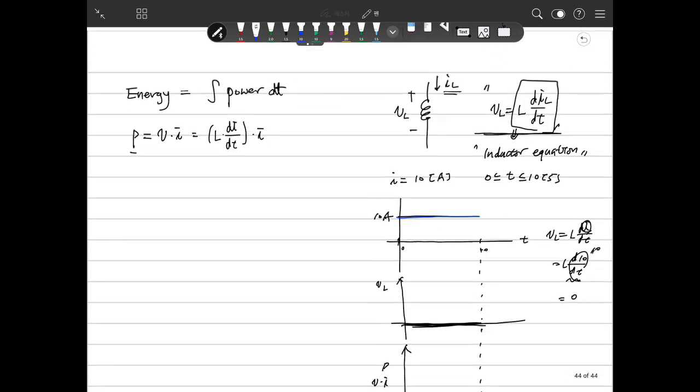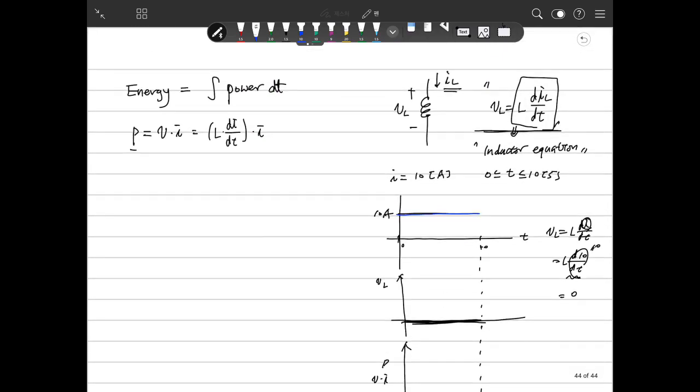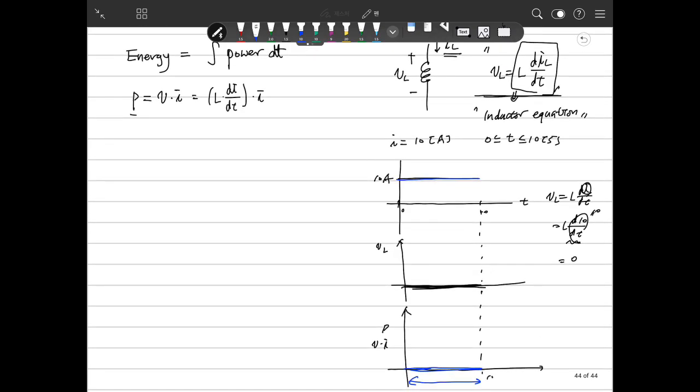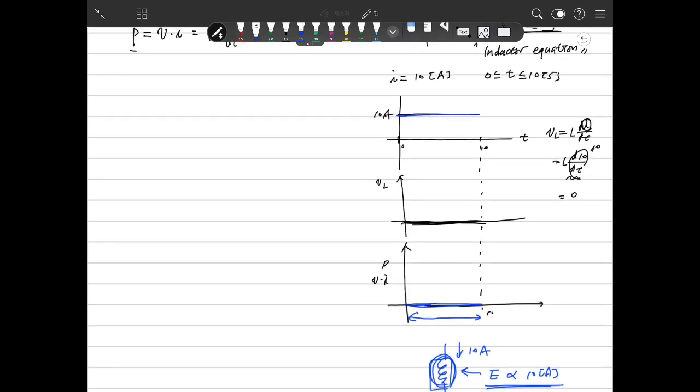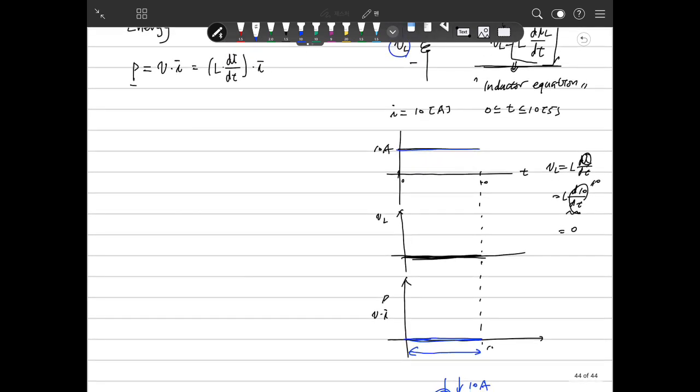Now, if a voltage is applied to the inductor with some value, then we will redraw here. In the case where V_L is 1 volt for time 0 to 10 seconds, and the inductor is 1 henry.